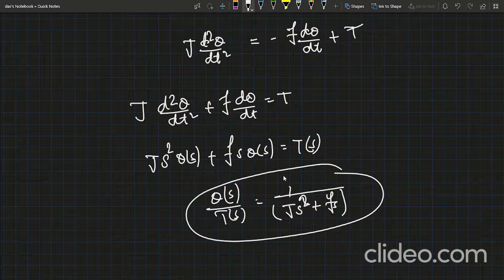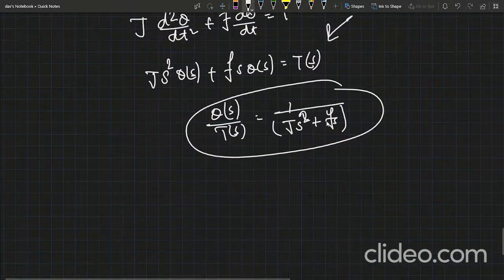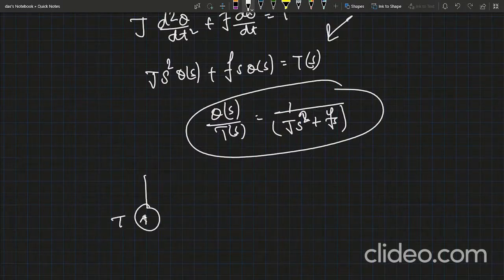Okay, so now if we consider the equivalent diagram from this equation, T(s), our torque, is basically, for the analogy, equivalent to a current source. I am just comparing the analogy here.